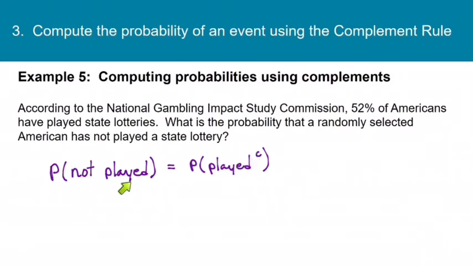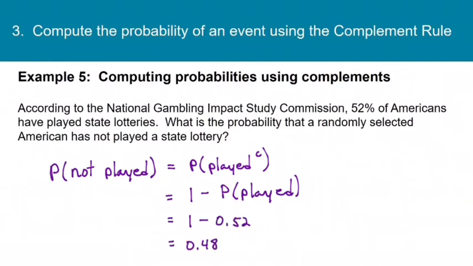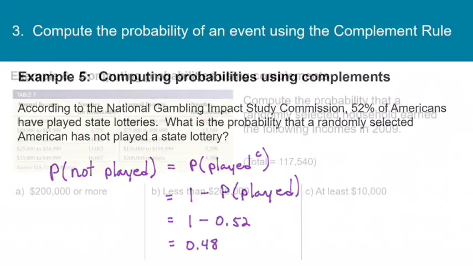Everybody either has or hasn't played the lottery. The complement of a probability is 1 minus that probability, and the probability that they've played is 0.52. So 1 minus 0.52 is 0.48. The probability that a randomly selected American has not played the lottery is 0.48.